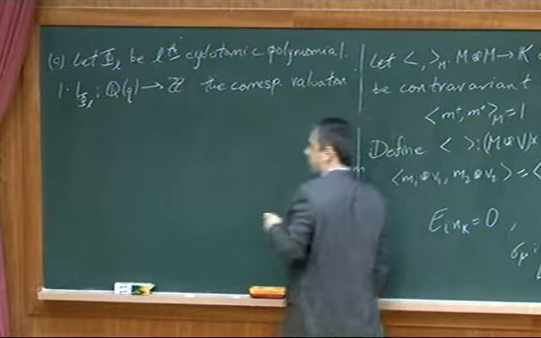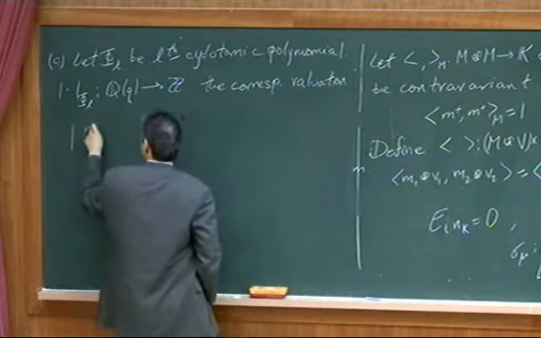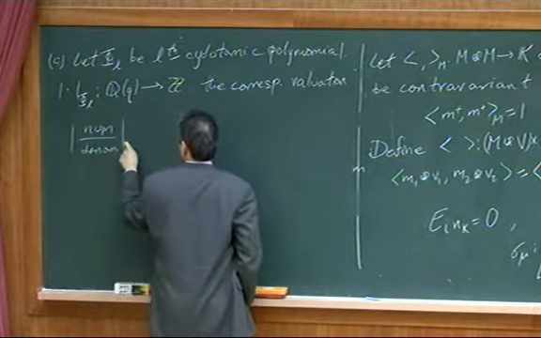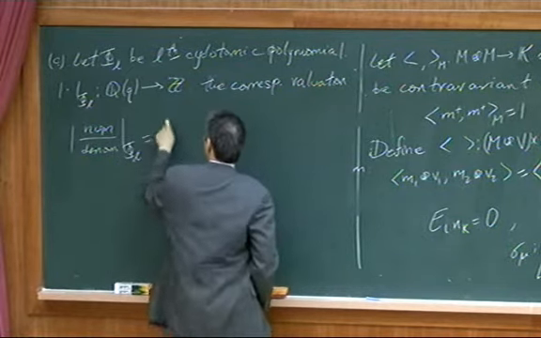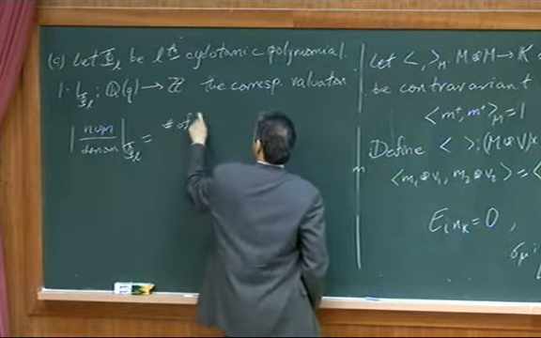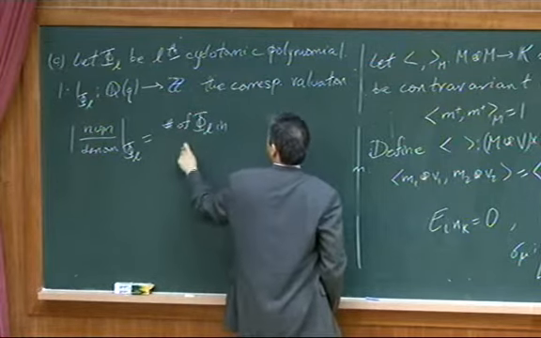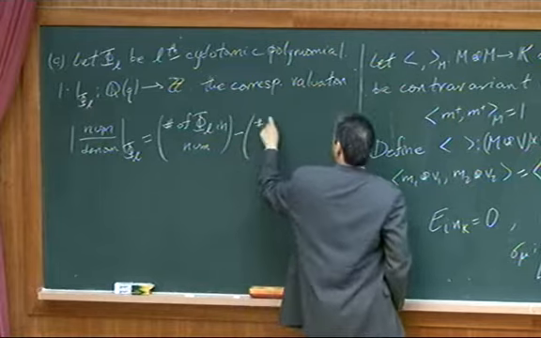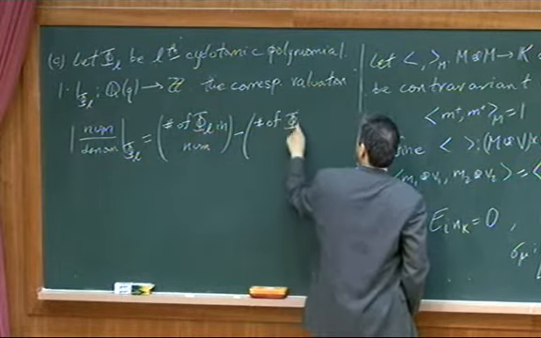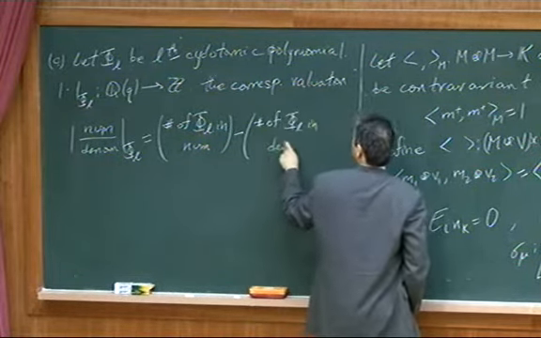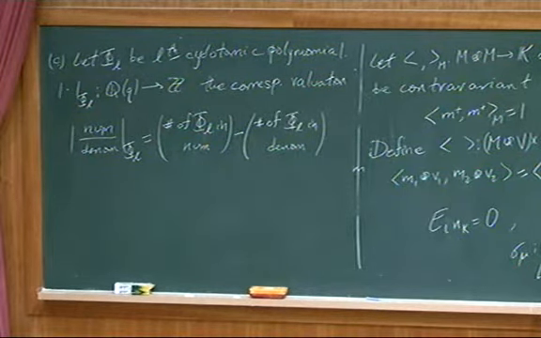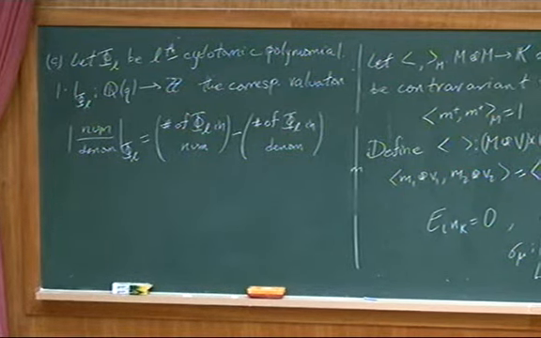The definition of this valuation is that you just take the number of factors of phi L in the numerator minus the number of factors of phi L in the denominator. That's the definition of the valuation at phi L. So phi L is a prime in the ring of integers of this fraction field.